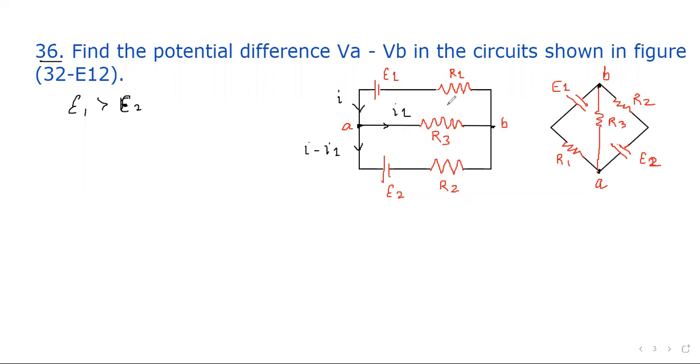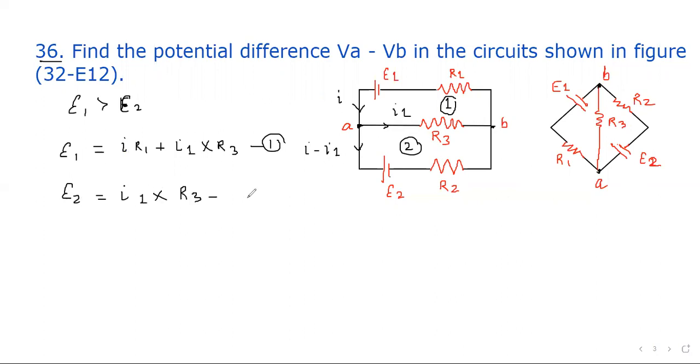Now, if we consider this loop, loop number 1, it will become E1 equal to I times R1 plus I1 times R3. Suppose this is equation number 1. Now, if we consider this loop and we go like this, E2 is equal to I1 times R3 minus (I minus I1) times R2.